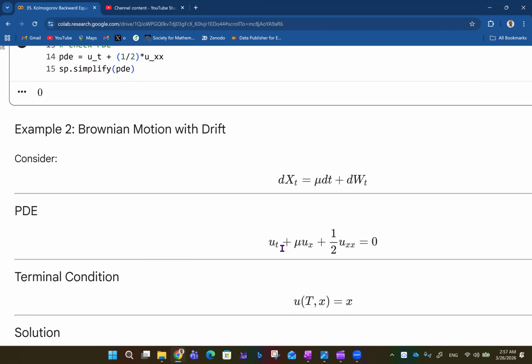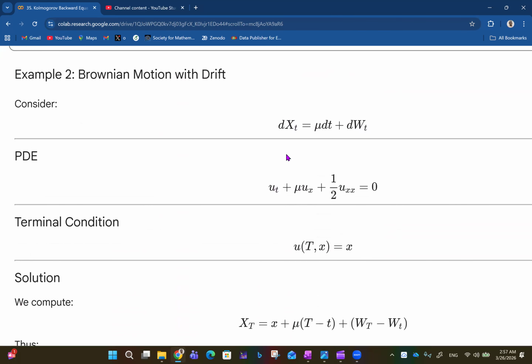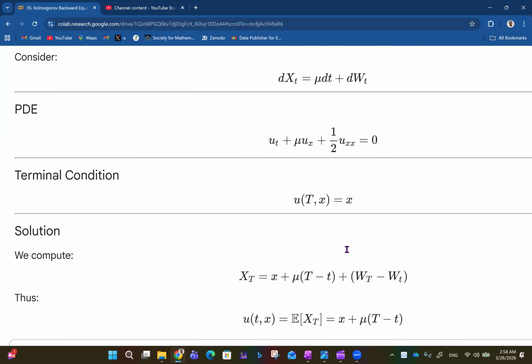So the PDE now is u_t plus mu u_x plus half u_xx equals 0, and the terminal condition is u(T, x) equals x. And then we solve this, and we compute X_T equals x plus mu times (T minus t) plus W_T minus W_t.